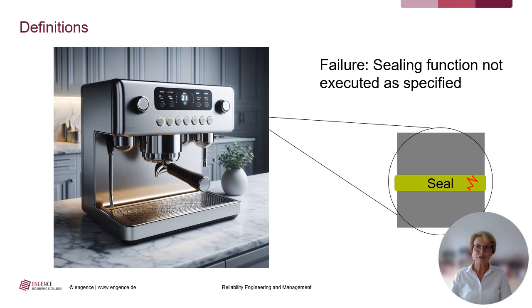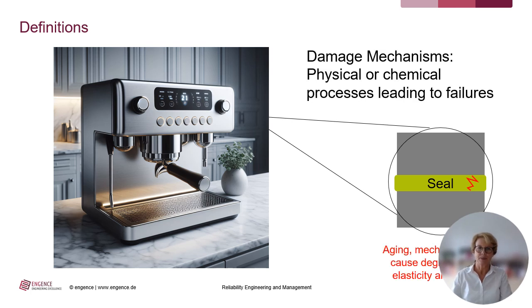So back to our coffee machine. The coffee machine contains a lot of plastic seals. If they lose their sealing function, water or coffee drips out. That's a failure. We ask now what caused the failure of the seal.